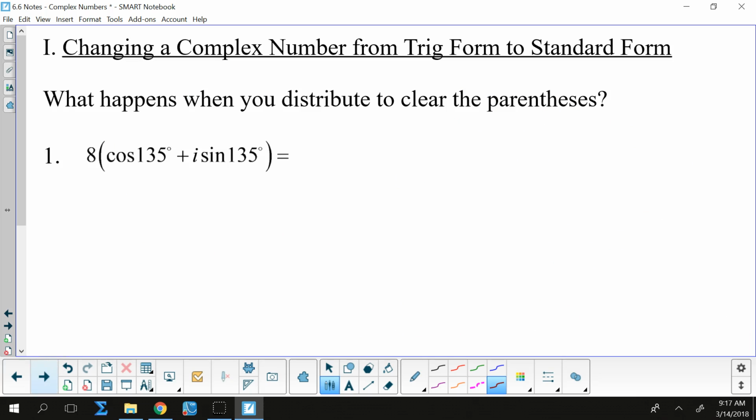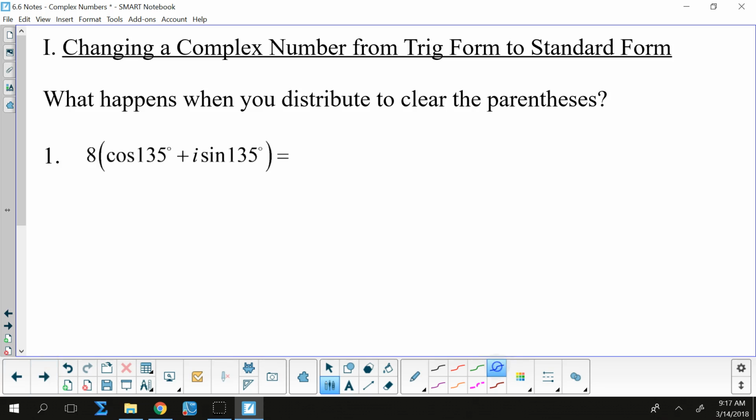But let's move on now to when we can change a complex trig form number into standard form of a complex number. Okay? So, as you can see on the next page in your note packet, there are two options that we can go with here.